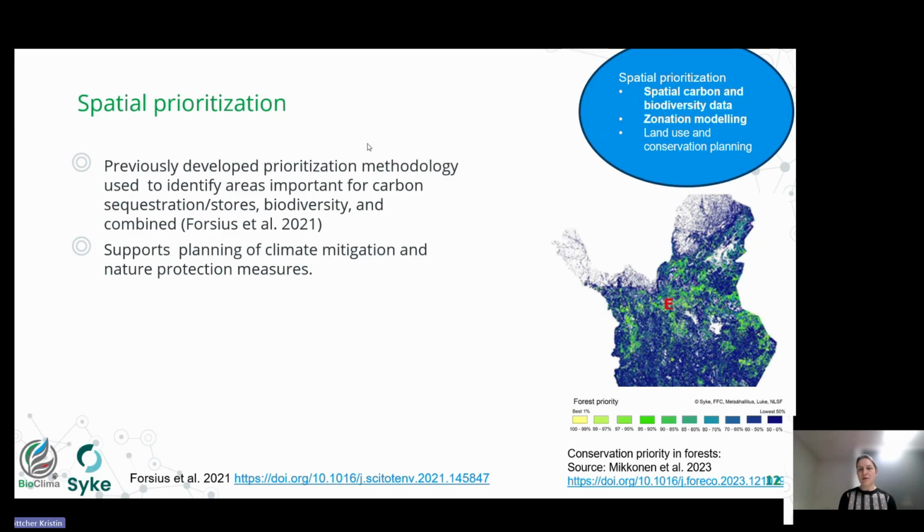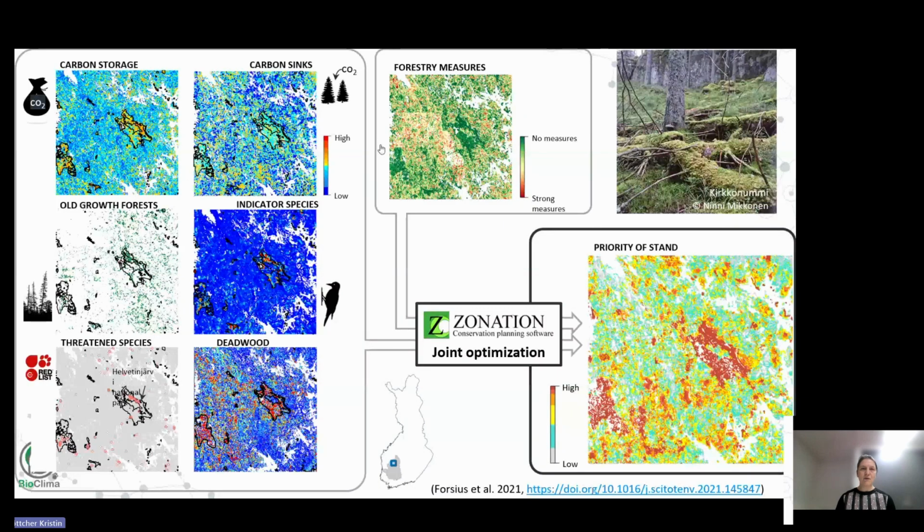So this is conservation priorities in forests only that were based mainly on the deadwood potential, but we would like to add that together with the carbon storage and pools. And this has been done already for another study area in Finland. And we would like to apply this methodology also then in northern Lapland.